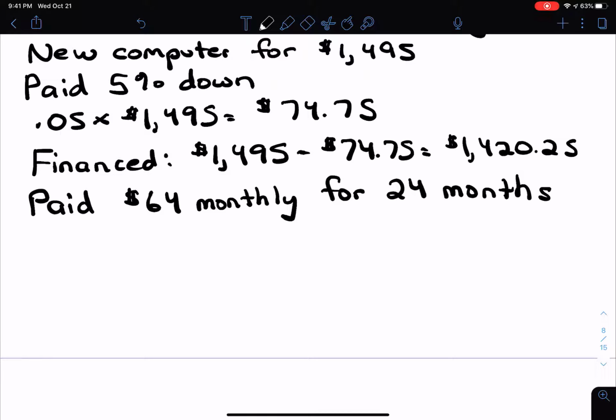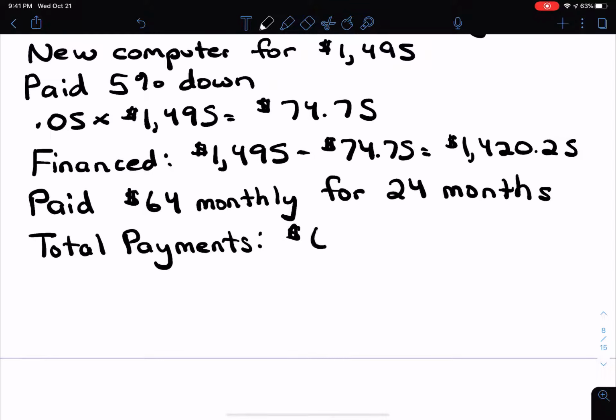But before we do, let's figure out what the total paid was and then figure out what the finance charge was. The total payments, if we're doing it for $64 a month for 24 months, you can do 64 times 24 and you get $1,536.